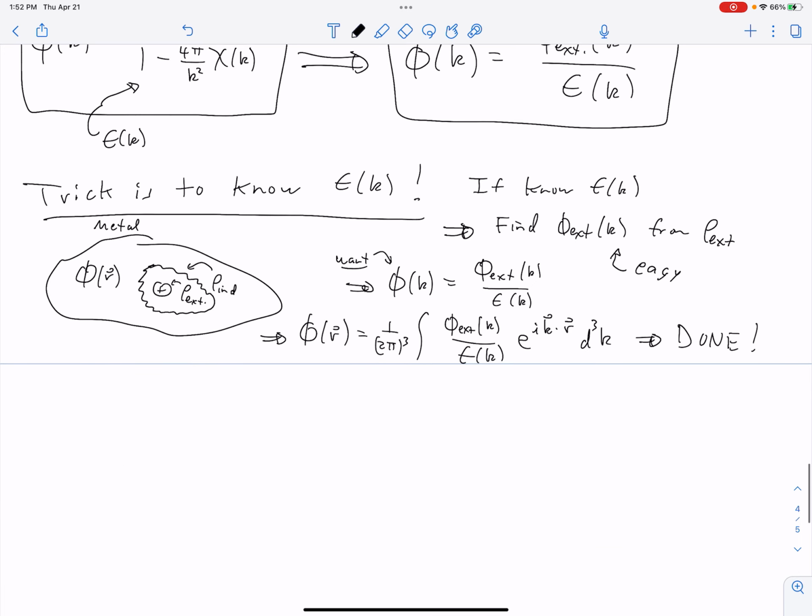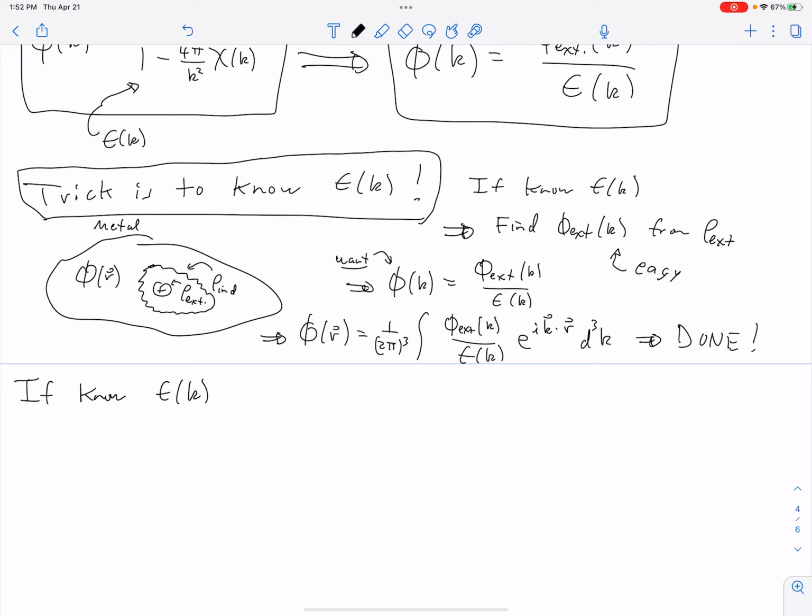But the big trick is to know the dielectric function. So if we know the dielectric function, then from the external charge we can find the total potential, and it allows us to skip worrying about the induced rho.